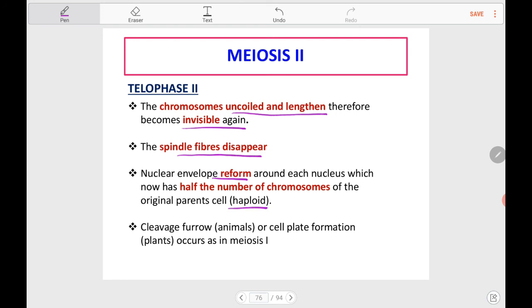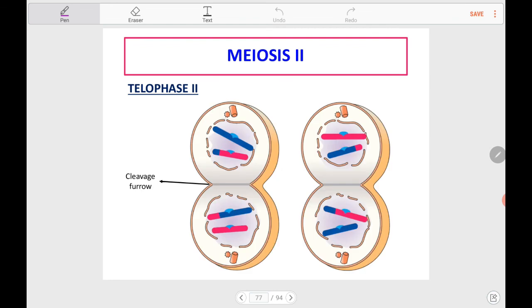Again, at the same time, cytokinesis will occur by formation of cleavage furrow for animal cell or formation of cell plate in plant cell. So this is the products of meiosis 2. Since kita start dengan 2 cell, so each of the original cell will split to form 2 daughter cell. So in total we'll have 4 daughter cell.